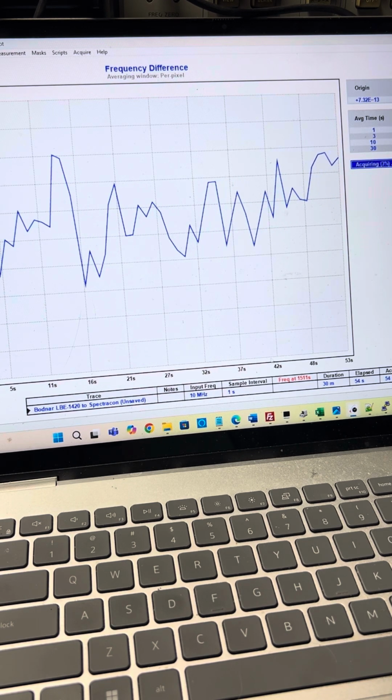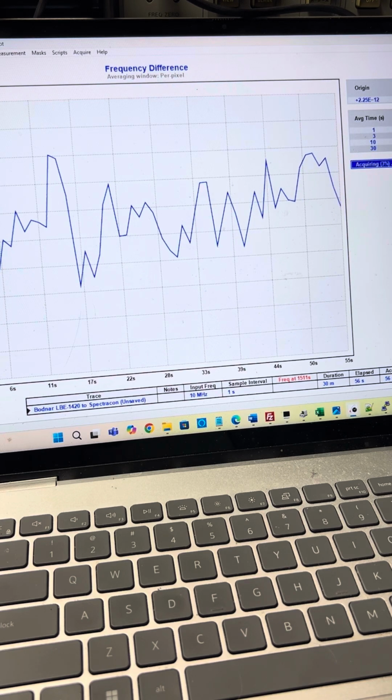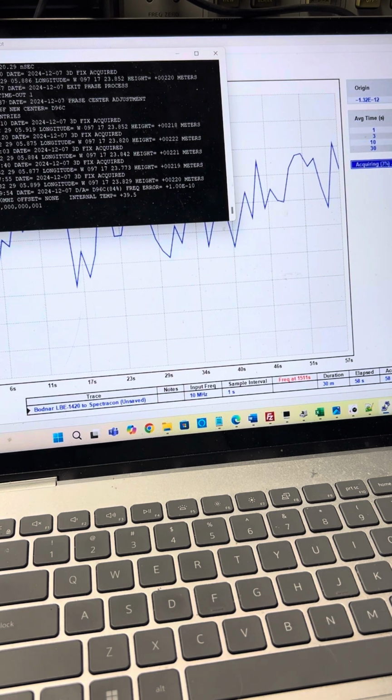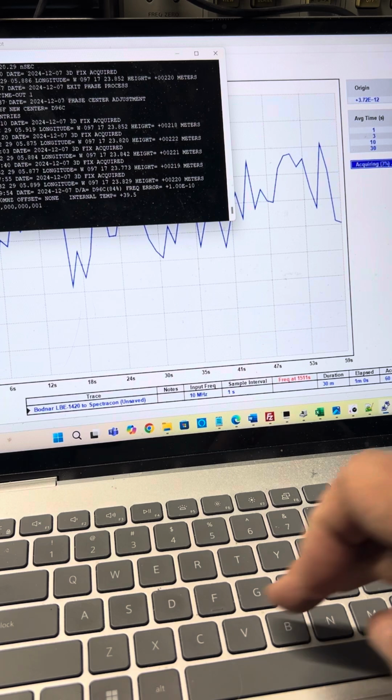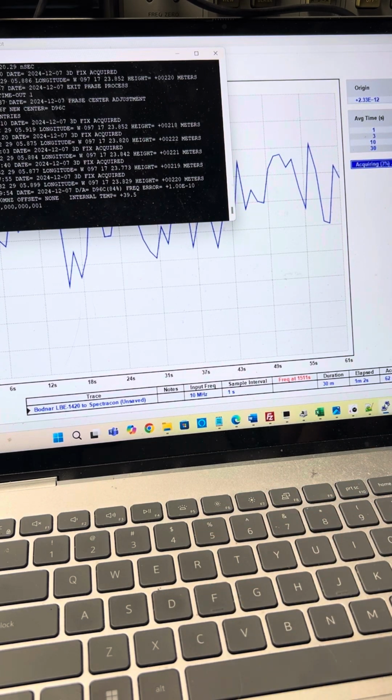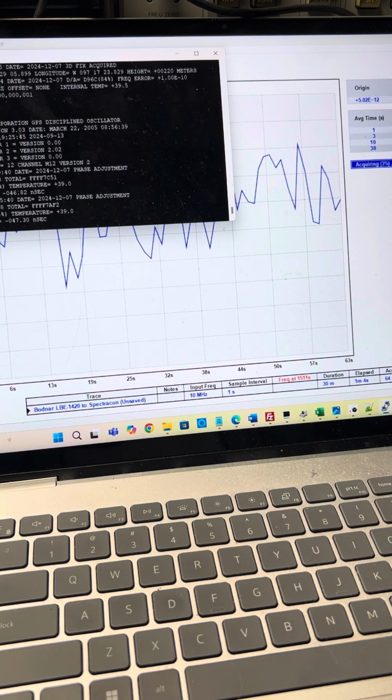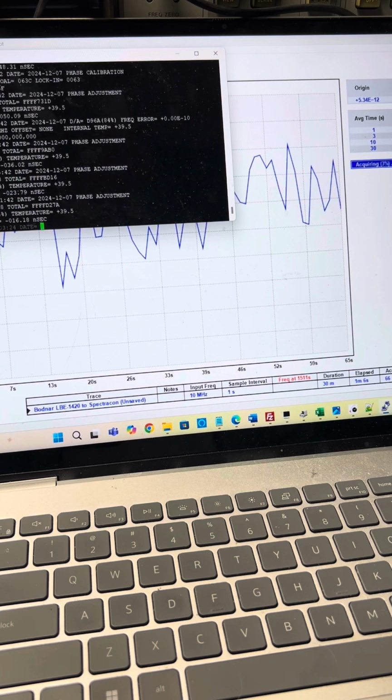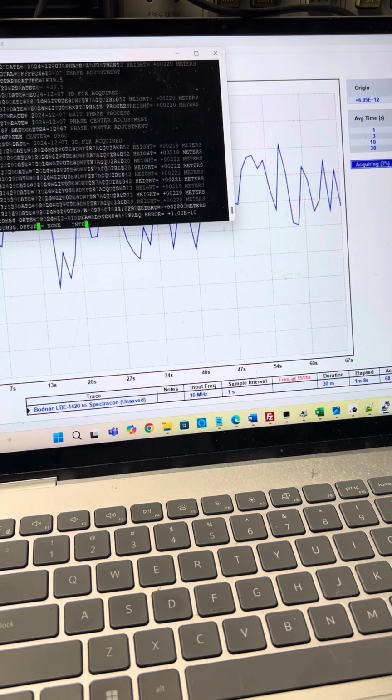I'm going to introduce something else, which is the Spectracom is connected through PuTTY here, and we have a display oscillator command, which I'll run right now, and we can then observe when it makes its phase corrections.